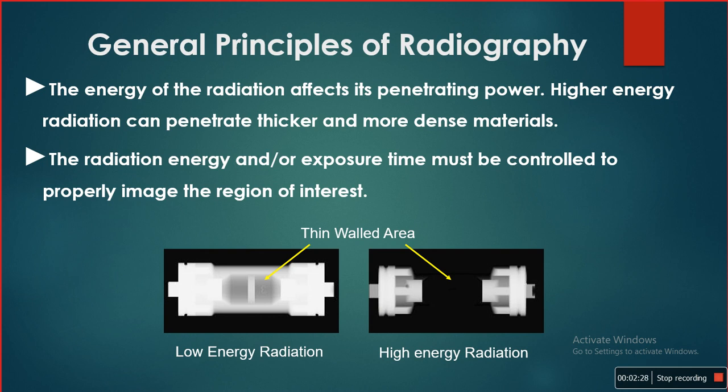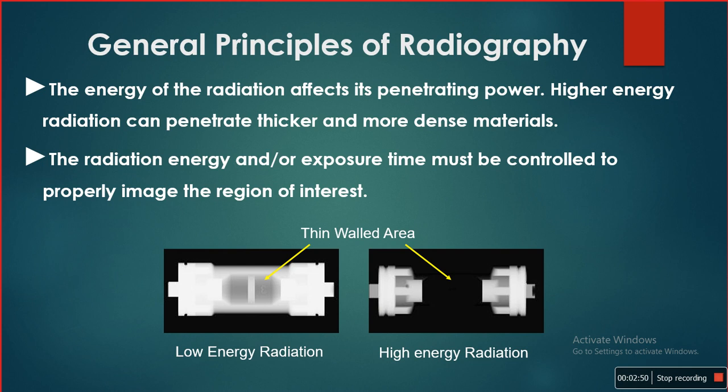If you want detailed information about the component, you need to select the proper radiation source. If your component has a thin walled area, you need to use a low energy radiation.